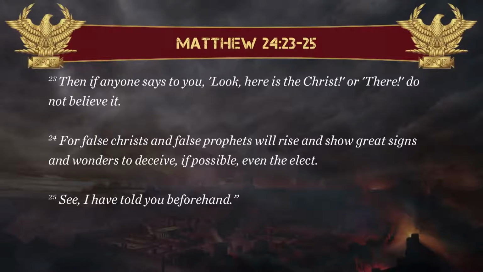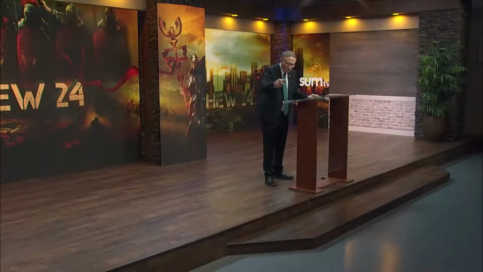For false Christs and false prophets will rise and show great signs and wonders to deceive, if possible, even the elect." So notice once again here, Jesus says, if anyone says to you, here is the Christ. Then he says that Satan's attempt is to deceive the very elect. And then Jesus finally says, I have told you, my followers, my disciples, beforehand.